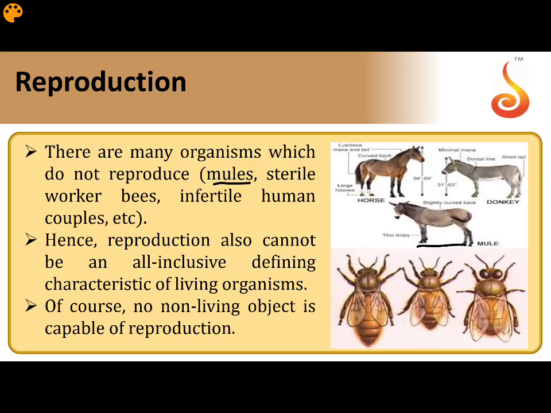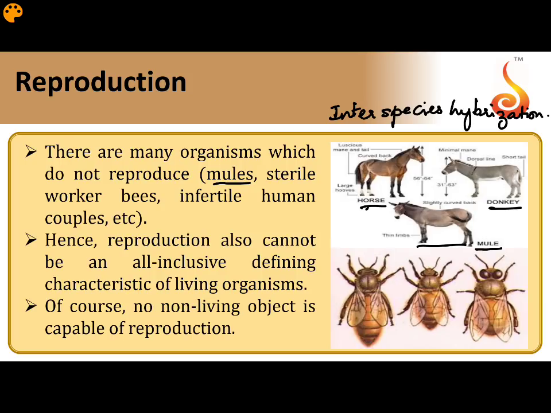When we have interspecies hybridization, what do you understand by interspecies hybridization? Here we have two different species of organisms which are hybridized for human purposes. Here you can see a horse and a donkey are mated and the product is a mule.